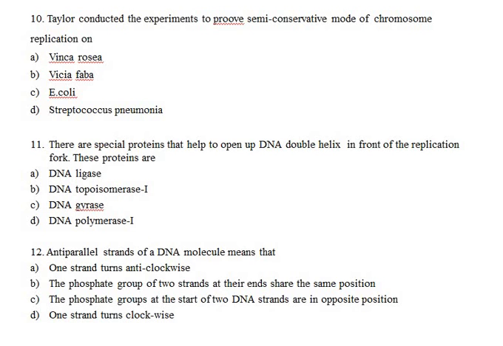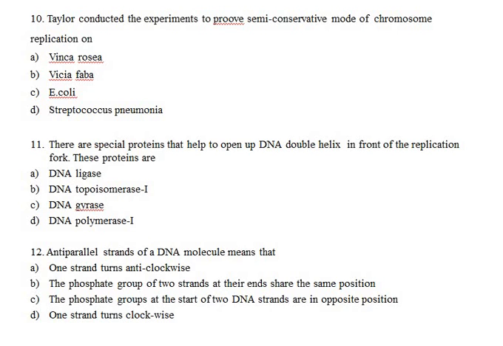Option C, the phosphate groups at the start of two DNA strands are in opposite positions. Option D, one strand turns clockwise. Anti-parallel strands means one strand runs from 5' to 3' direction, another strand runs from 3' to 5' direction. That is called anti-parallel.